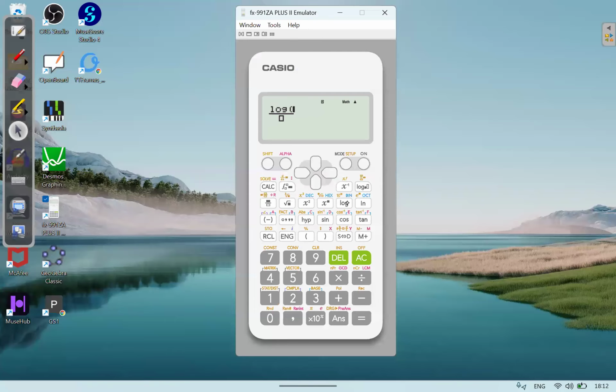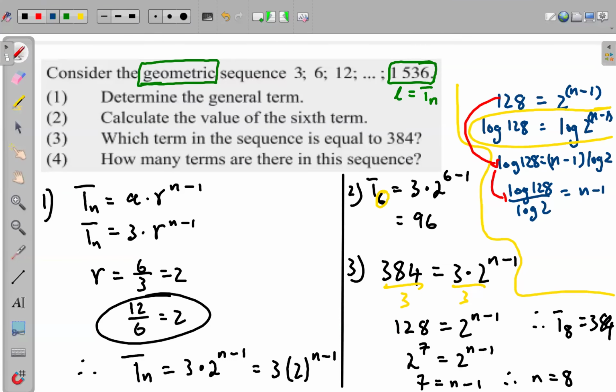So log 128 divided by log 2, and then we get our 7. The calculator will understand your language. So you have 7 is equal to n minus 1, and then you know what to do from here.